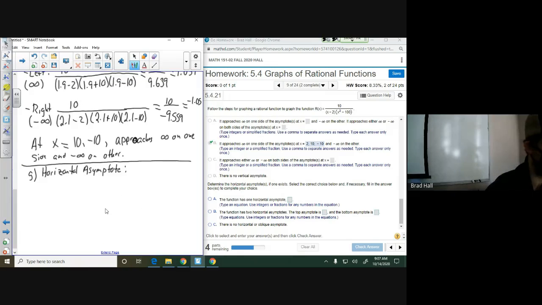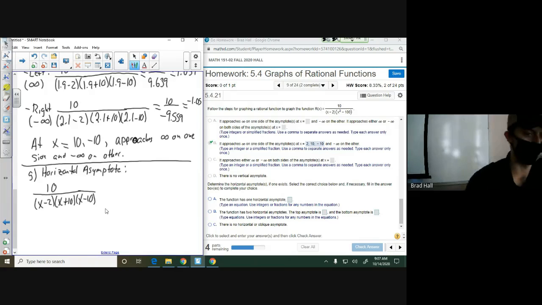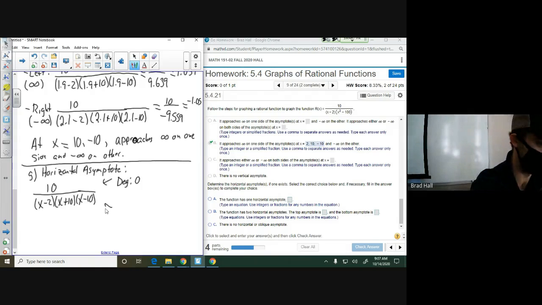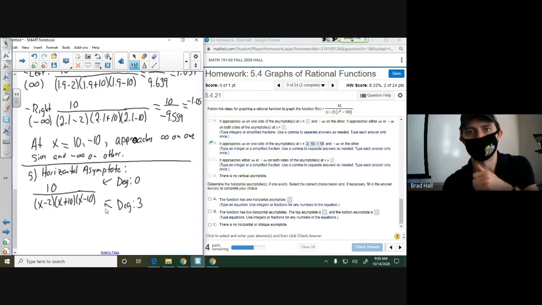So the degree, the problem in question is here, the degree of the numerator is 0 because there's no variable. The degree of the denominator, though, is 3. And you could figure that out using term domination. You would have 3 x's that all multiply together, and you would have x to the third.